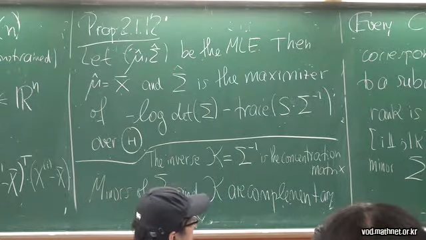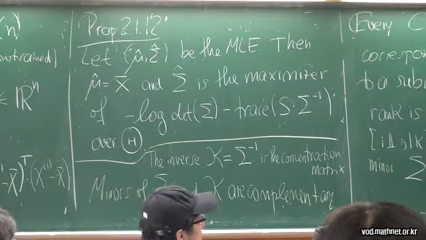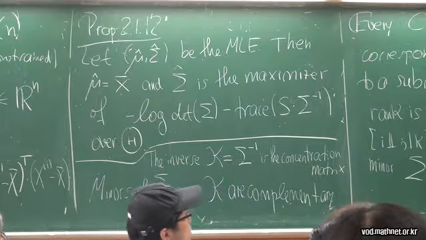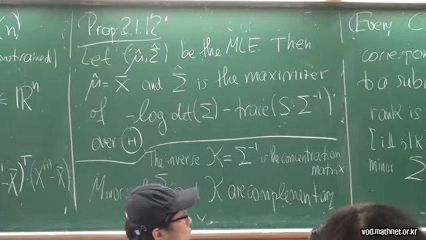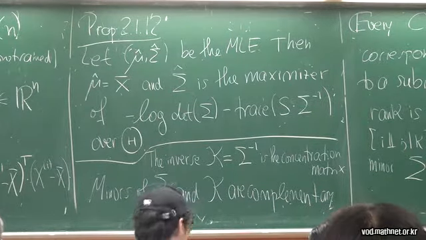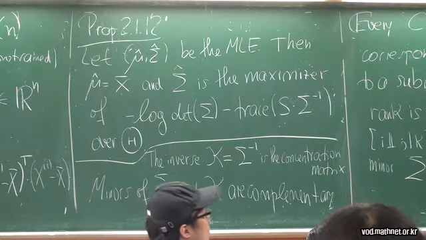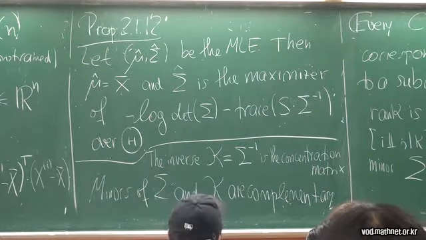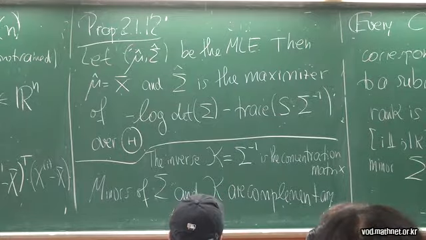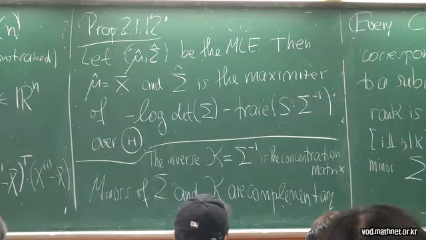You have a 5 by 5 matrix here, and you have its inverse over there. They're both 5 by 5 matrices. You pick a square submatrix over here, maybe a 2 by 2 submatrix, and then you look at the complementary 3 by 3 submatrix over there.